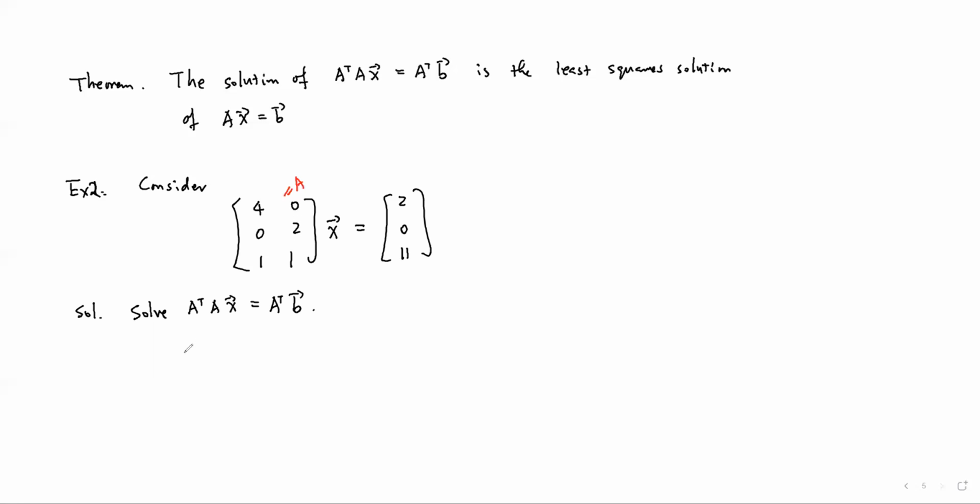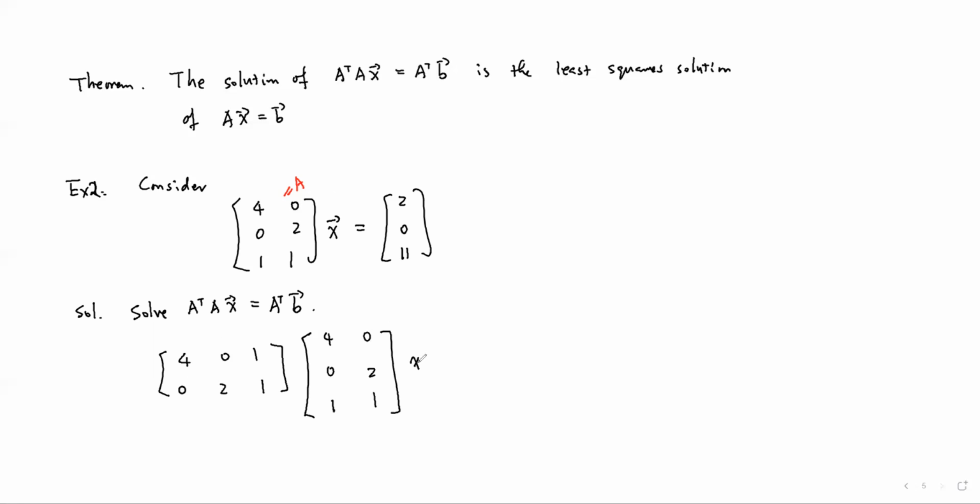We get 4, 0, 1. The first column becomes the first row, the second column becomes the second row. This is A transpose.